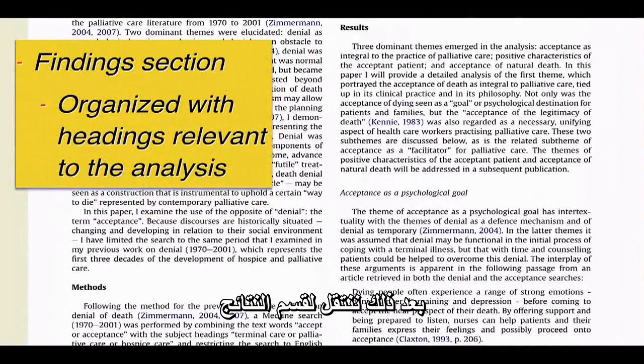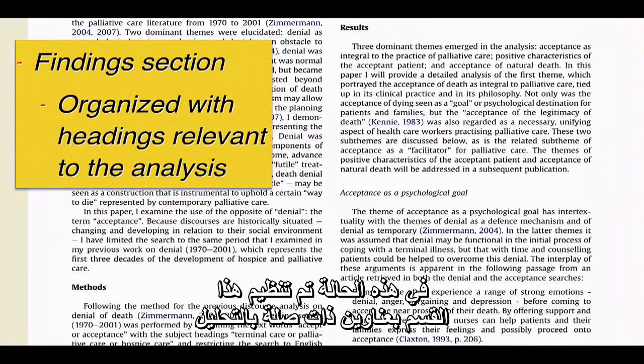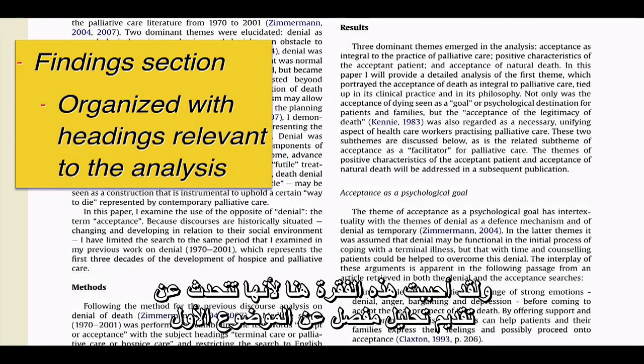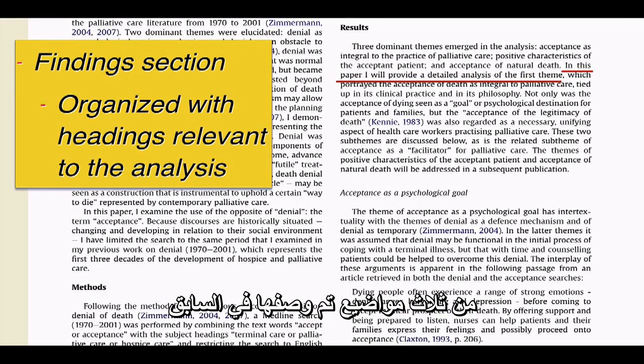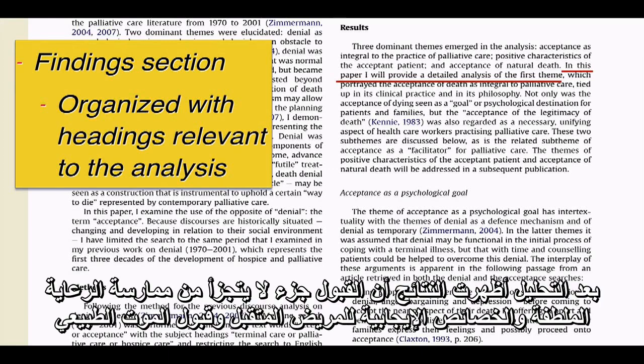But then you move on to the findings section, and the findings are, in this case, organized with headings that are relevant to the analysis. And I really like this opening paragraph here because it talks about providing a detailed analysis of the first theme out of 3 themes that they've described above. So when they did the analysis, it came out with acceptance is integral to the practice of palliative care, positive characteristics of the acceptant patient, and acceptance of natural death.